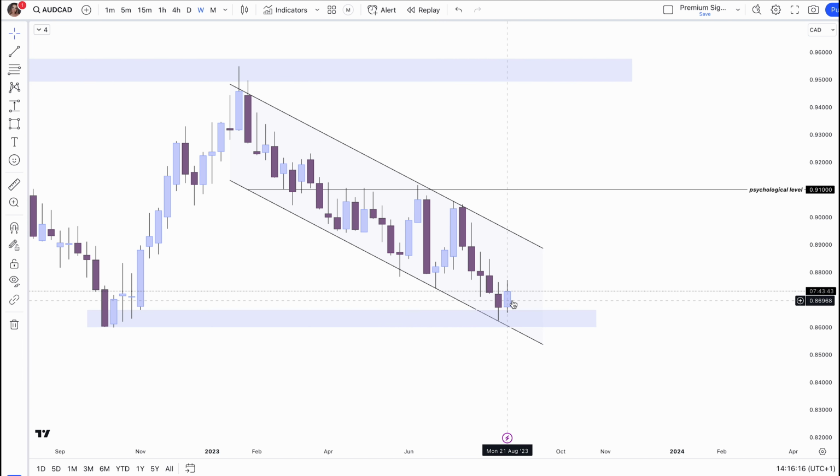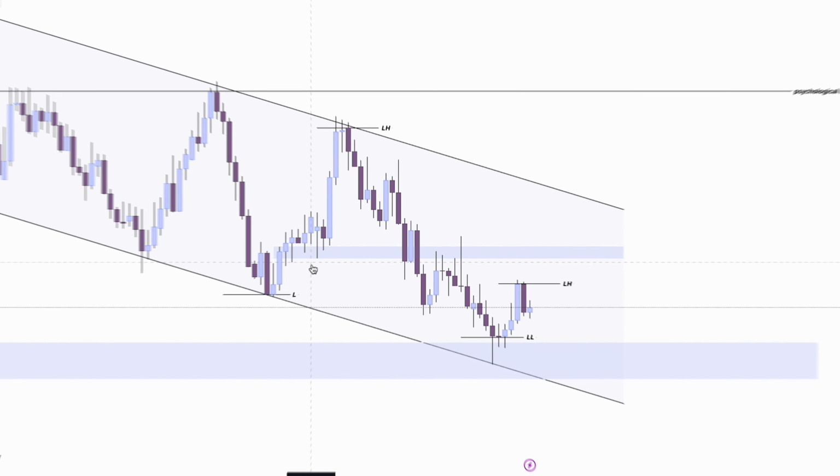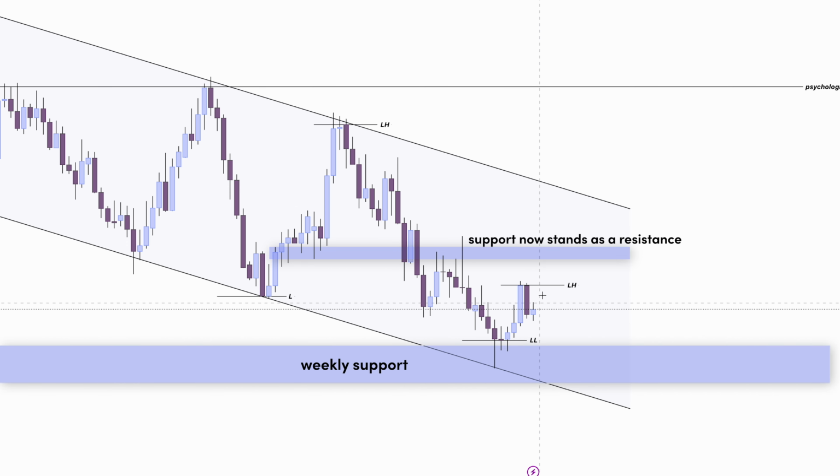This candlestick signals a potential weakening of the downtrend, because first of all, it failed to reach the lower channel line, especially since the price has also bounced from the weekly support level over here. On the daily, we had the support over here that was successfully broken and now stands as a resistance, and the price is basically stuck in between these two levels, again in a strong downtrend.